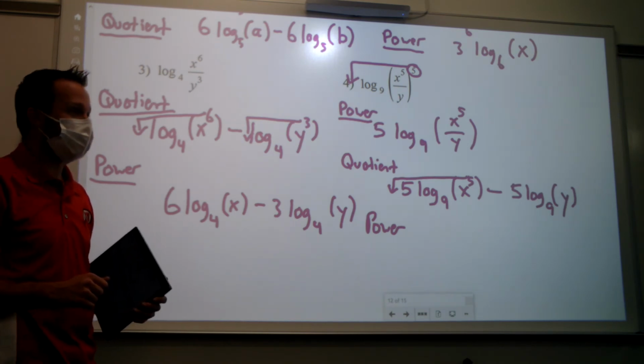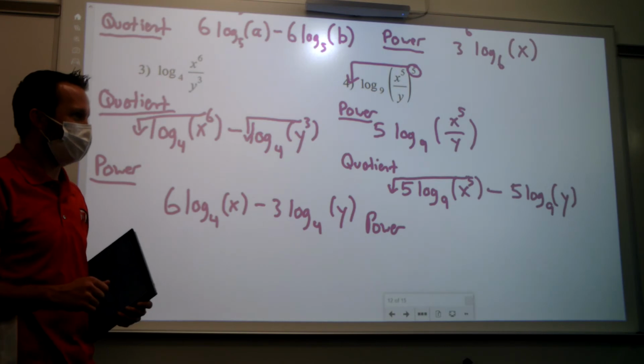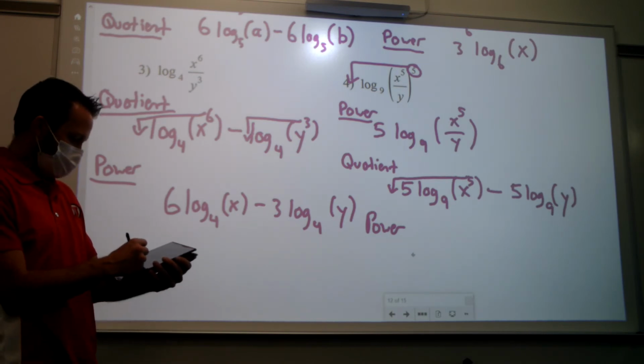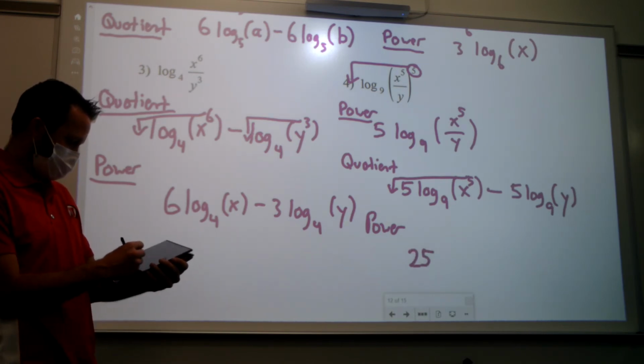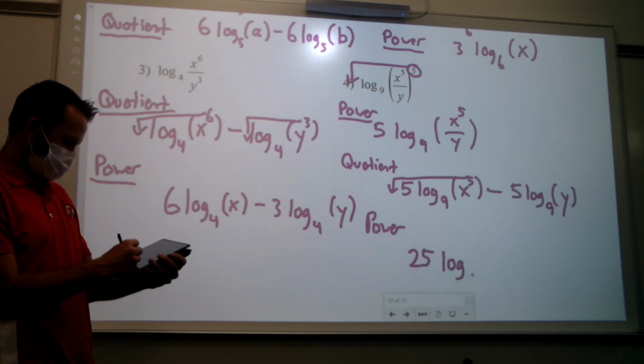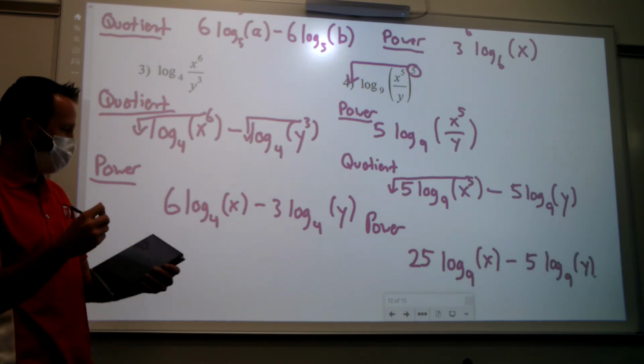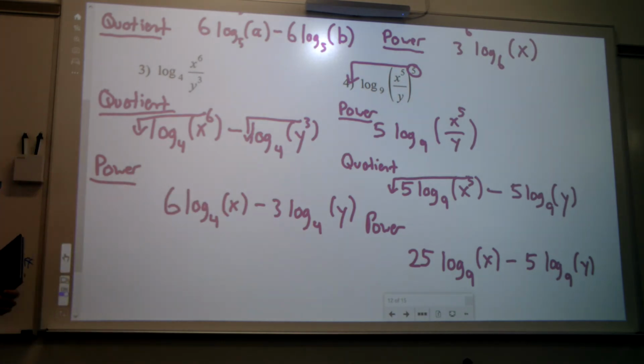That's going to be what? It will multiply. Yeah, there we go. 25 log base 9 of x minus 5 log base 9 of y. And there we go. That whole thing is our answer. It's our expanded version of the logarithm we started with.